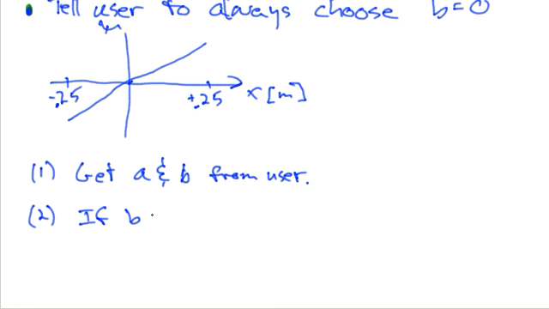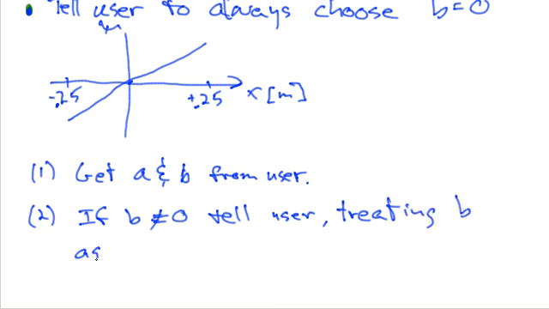If b is not equal to 0, tell user treating b as if 0, b equals 0 leads to an infinity.